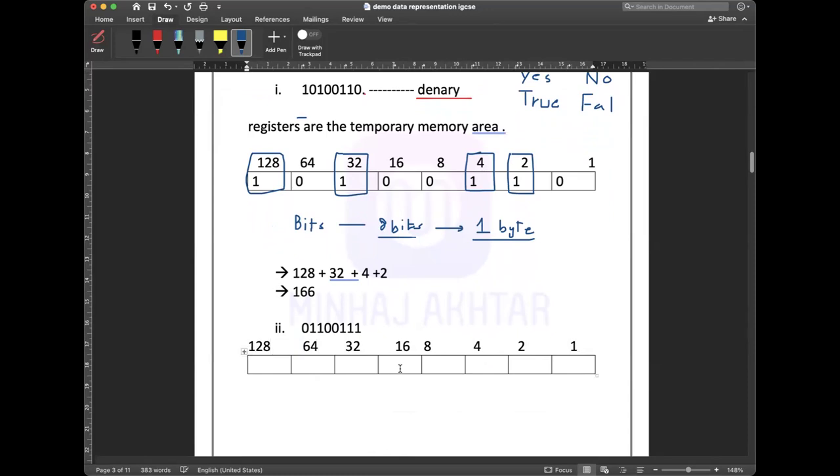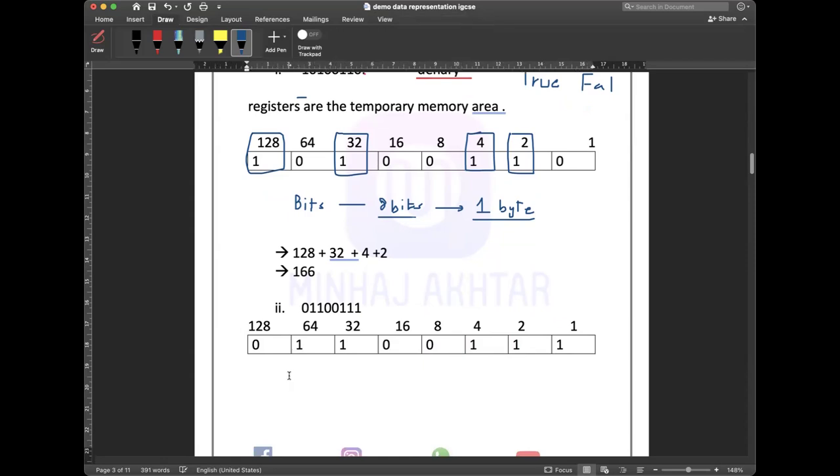This is a number pattern. And then we are going to copy the question like 0, 1, 1, 0, 0, 1, 1, and 1. After this, we're going to just pick the numbers which have 1, like 64 plus 32 plus 4 plus 2 plus 1. Tell me the answer, please.